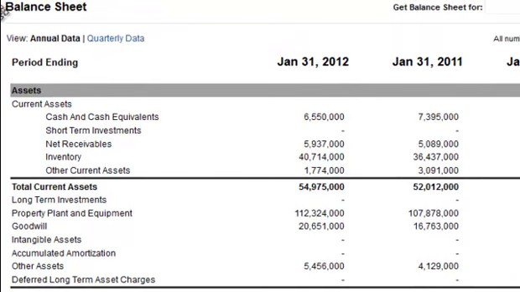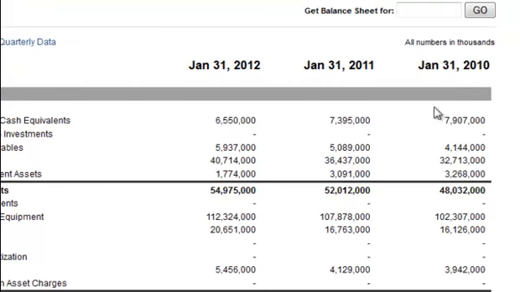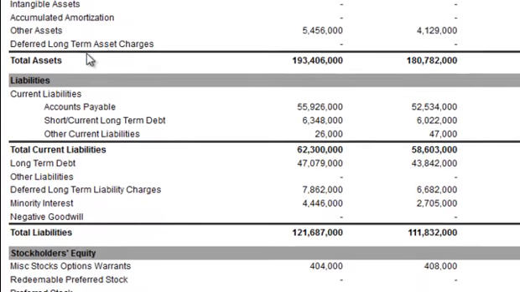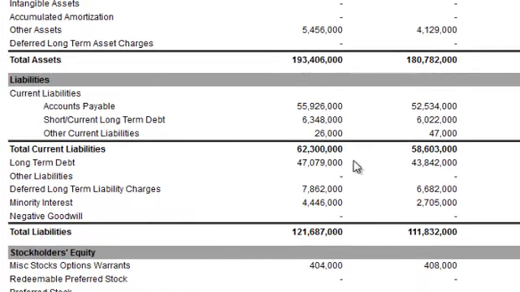If that were reversed, if you were to see cash at 6.5 here, 7.4 here, and 7.9 here, that'd be improving. You'd also want to make sure that the actual long-term debt was doing the same thing. If it was also decreasing, analysts would say that the balance sheet is improving.